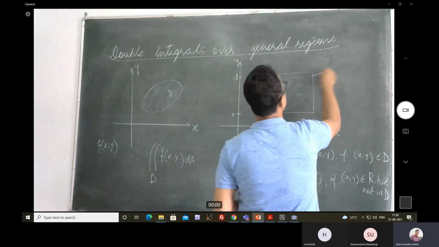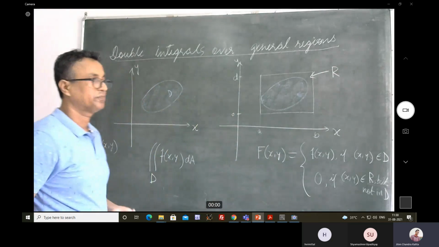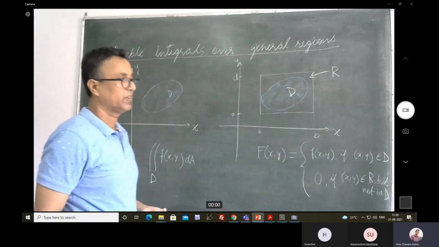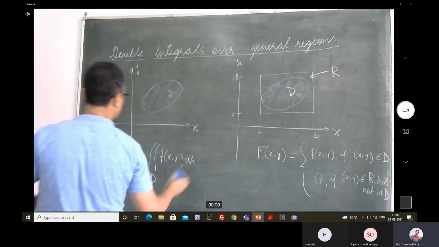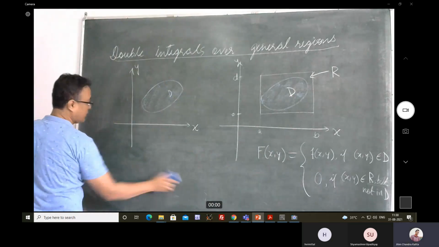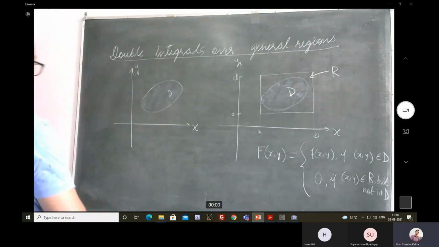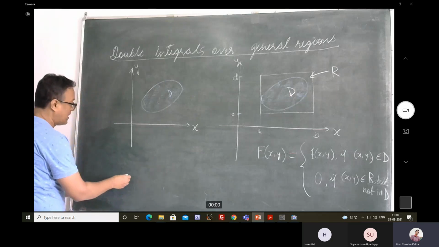So this is my rectangle R, and this is my D. Now this brings me an interesting situation. See what is happening?